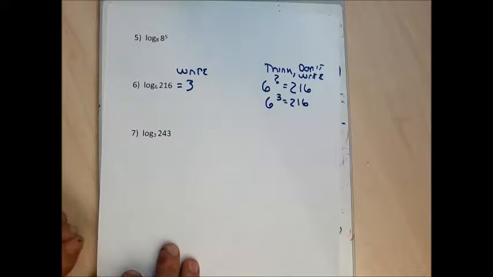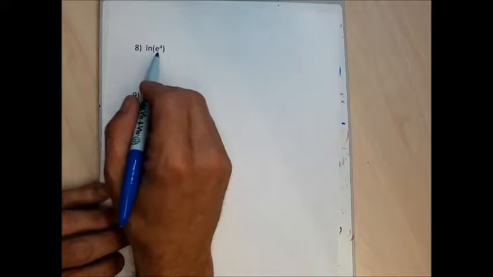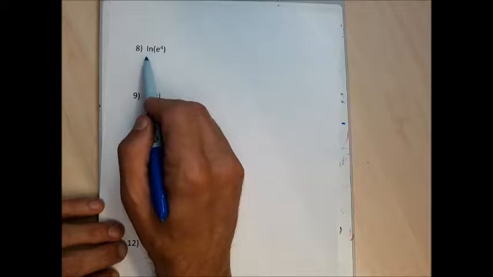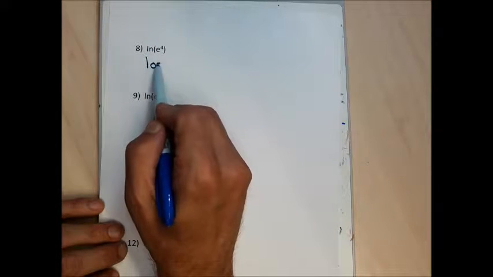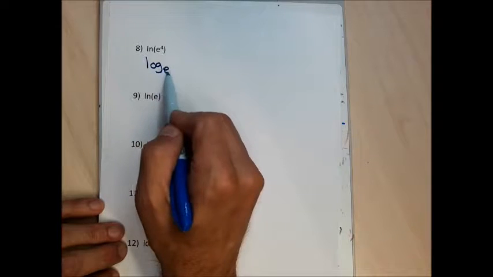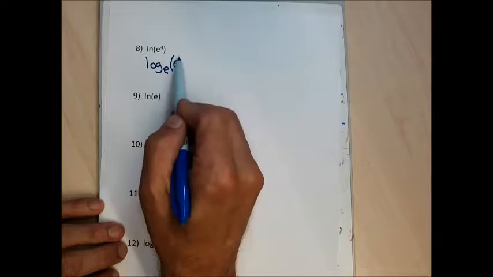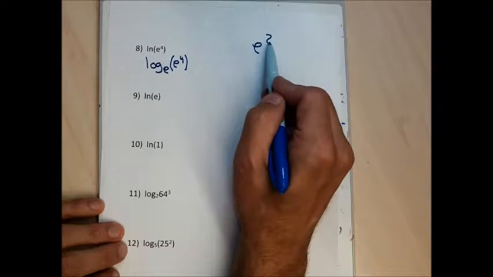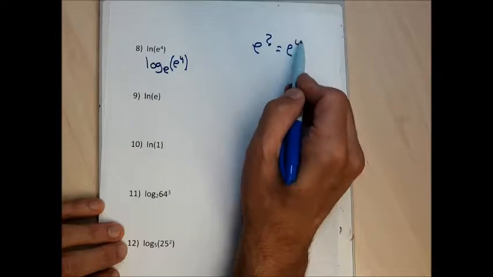Should be able to do 5 and 7. When I go to 8, I could do 8 on my calculator. I'll show you that in a second. For 8, if I'm doing this by hand, this is what I'm thinking. I'm thinking ln is the same as log base e. So I think that this problem really is asking the question, the base e to what power is e to the 4th?